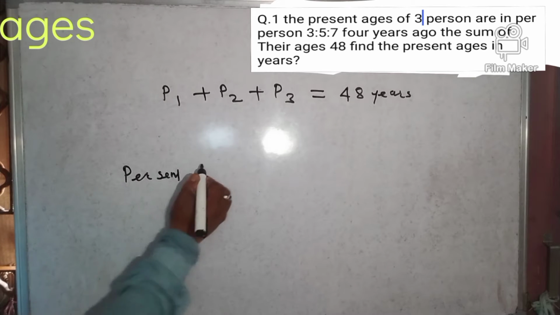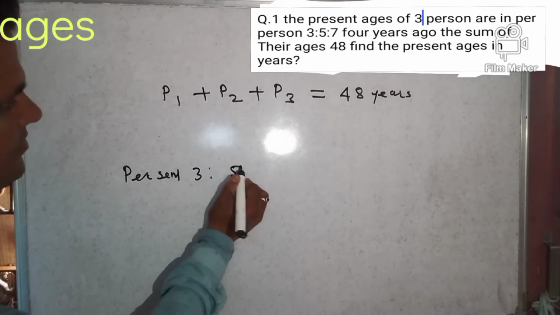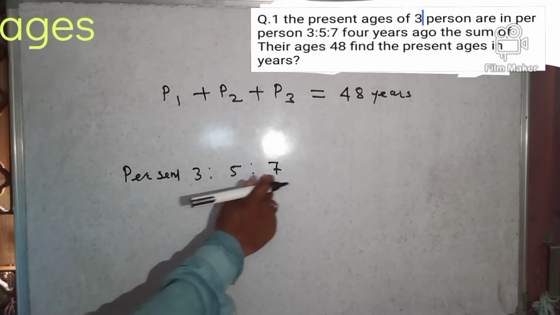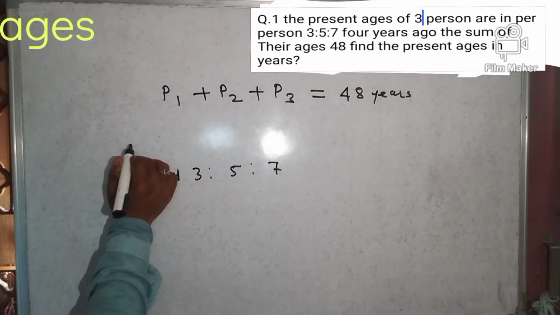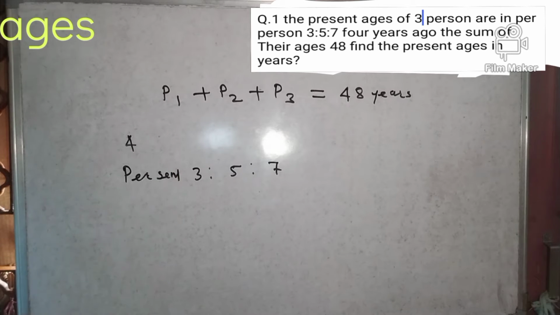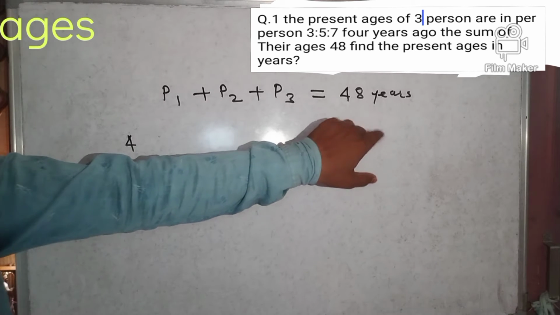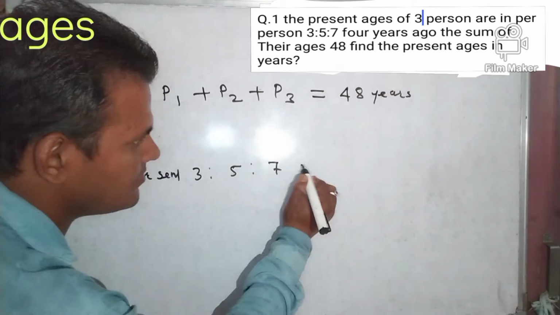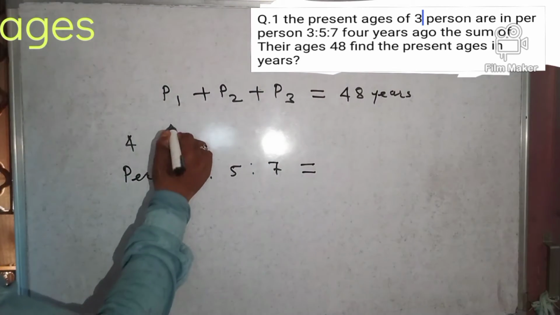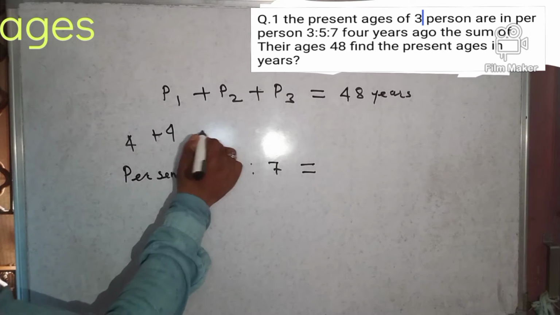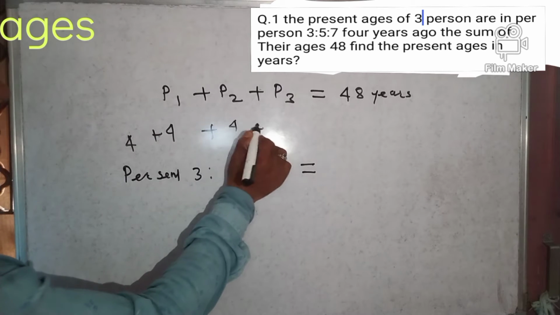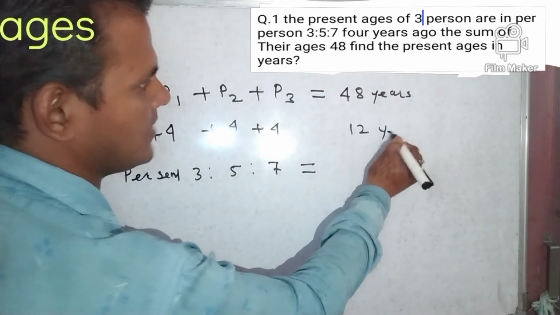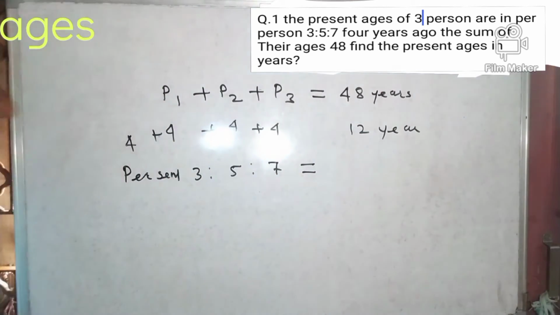Present ratio is 3:5:7, person 1, person 2 and person 3. 4 years ago, the total of ages was 48 years. So now we have to add 4 years per person, 4 plus 4 plus 4, so the total will be 12 years.